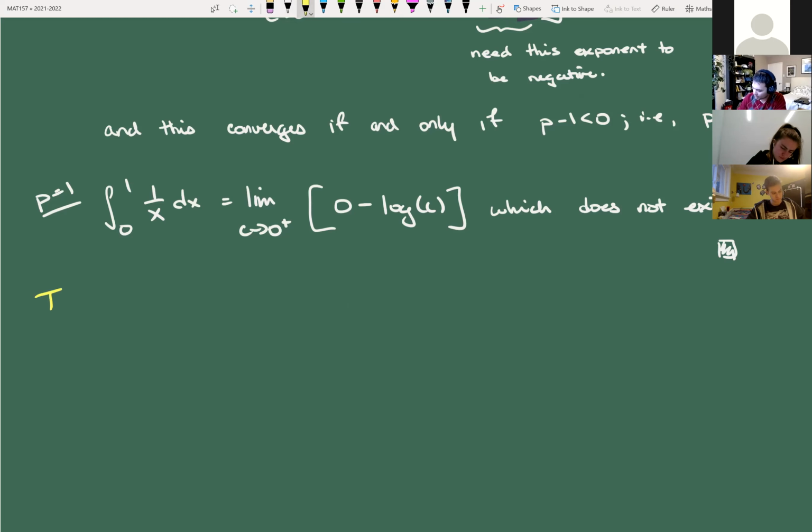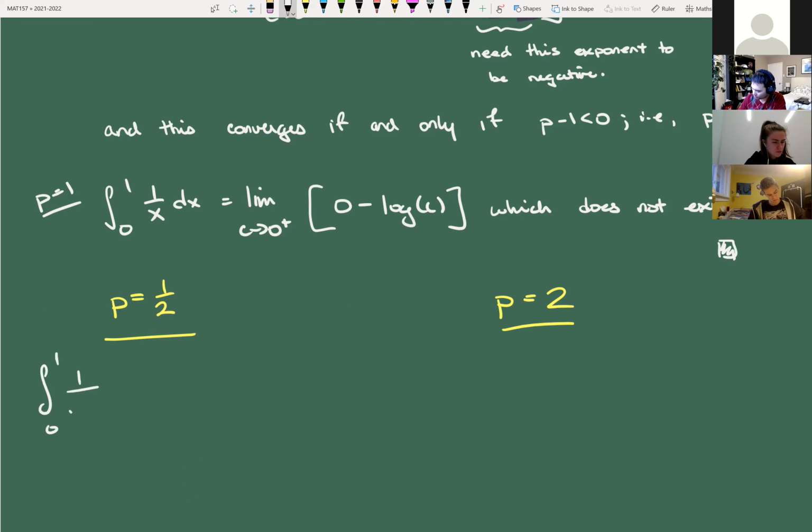So for example, if p is equal to 1/2, and maybe let's write this as a case, and then if p is equal to 2. So let's compare these. If I do the integral from 0 to 1 of 1 over the square root of x dx, that becomes the limit as c approaches 0 from the right of 2 times 1 minus 2 root c.